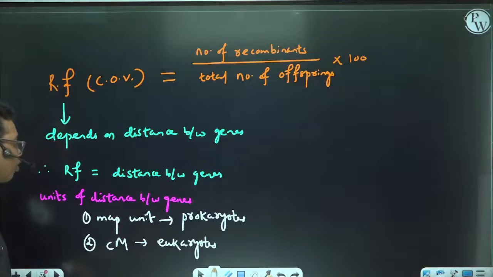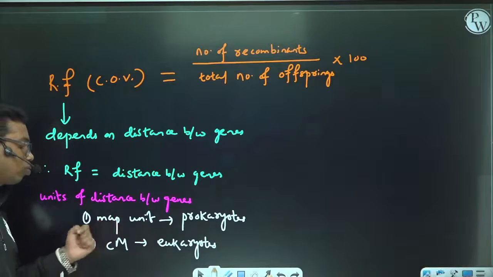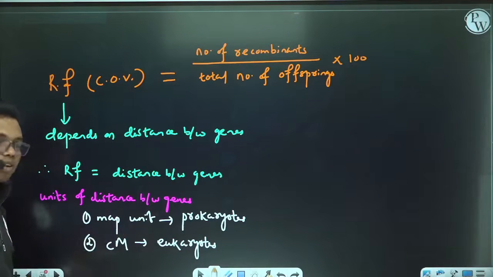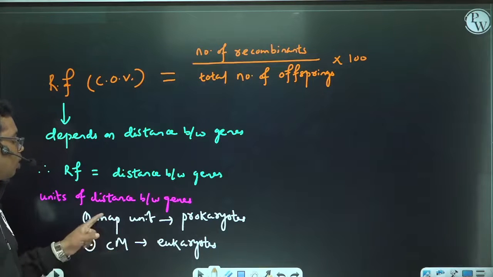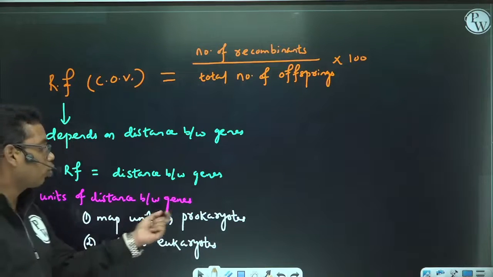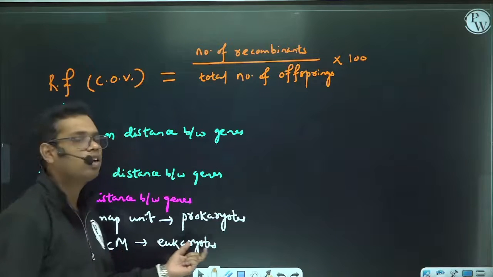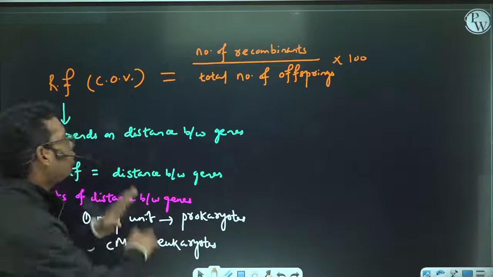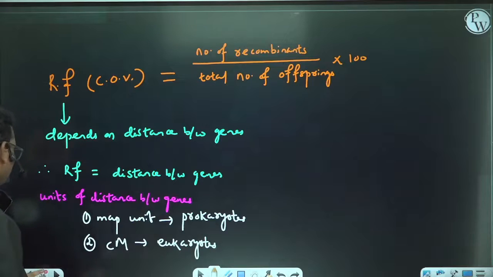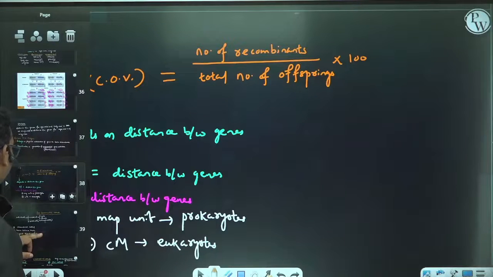The units are of two types: map unit and centimorgan. CM is centimorgan. Map unit we use in case of prokaryotic genes, and centimorgan we use in case of eukaryotic genes. So this was something about the recombination frequency.